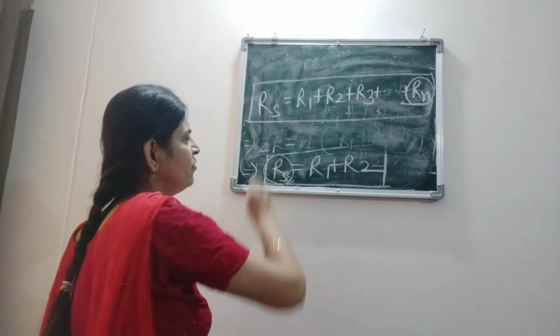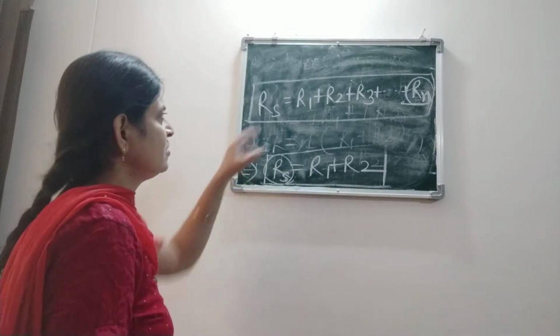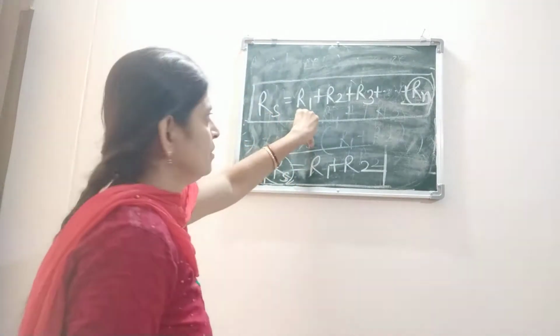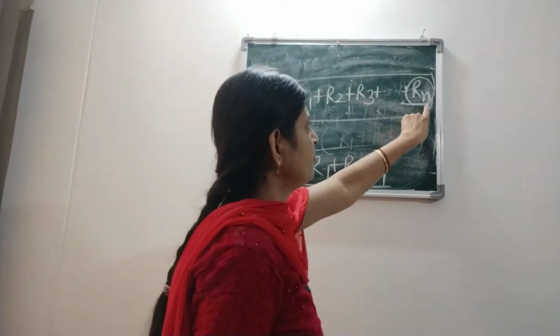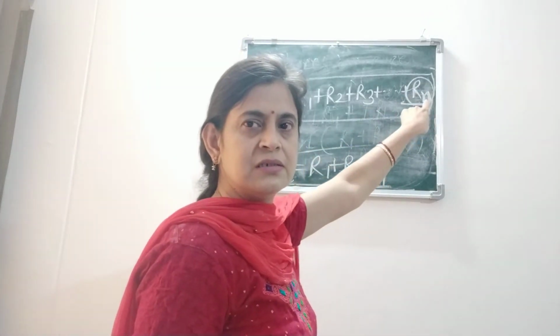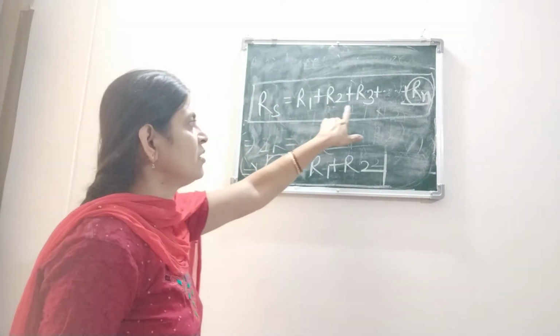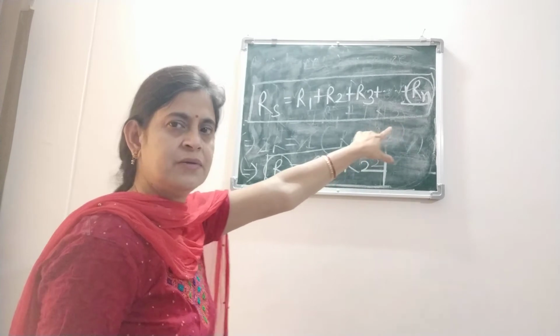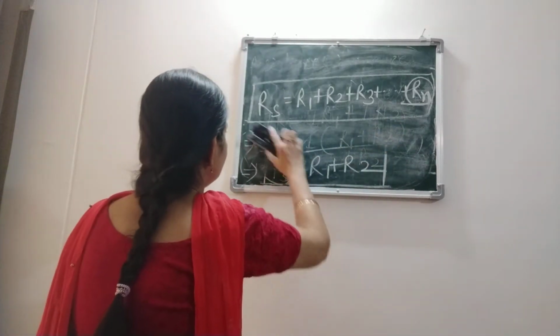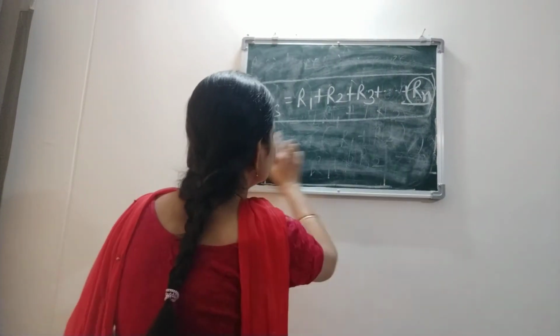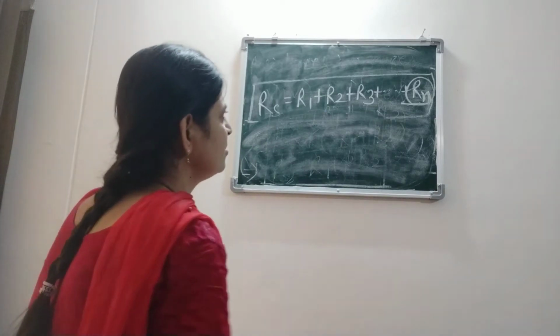So the final formula for series connections, when n resistors are connected in series, is that the resultant resistance is equal to R1 plus R2 plus R3 plus up to Rn. Now we will discuss at least 2 to 3 examples based on this formula.